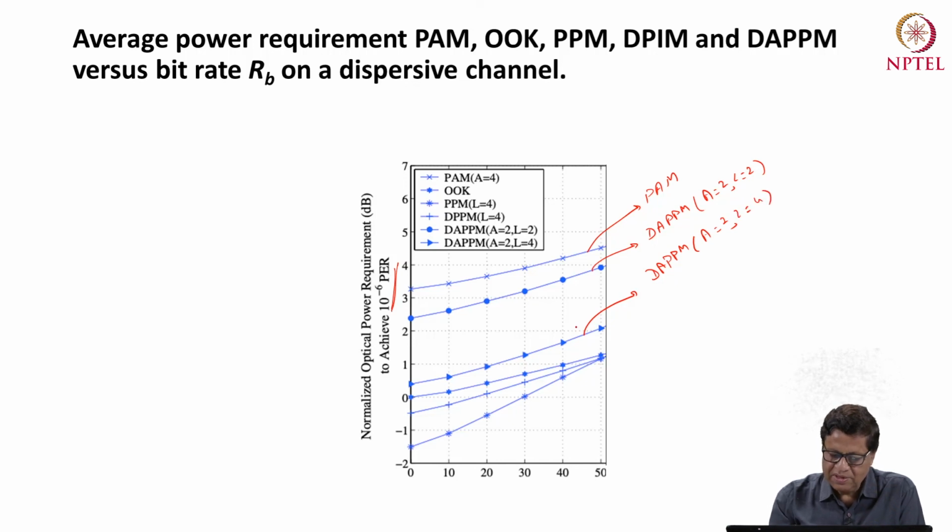So the power requirement is lower as compared to PAM, but it is higher as compared to other modulation schemes. For example, this modulation scheme is OOK, and this modulation scheme is DPPM, with L equal to 4, and this is PPM, L equal to 4.